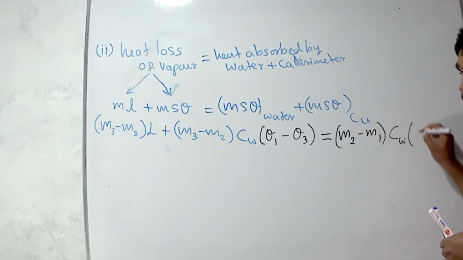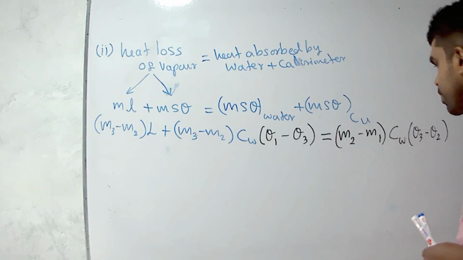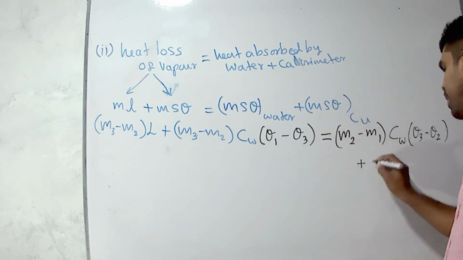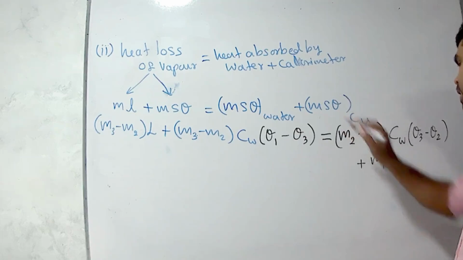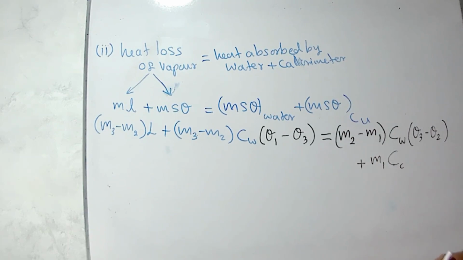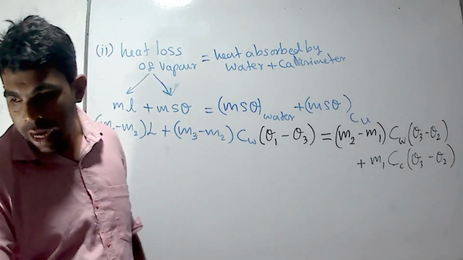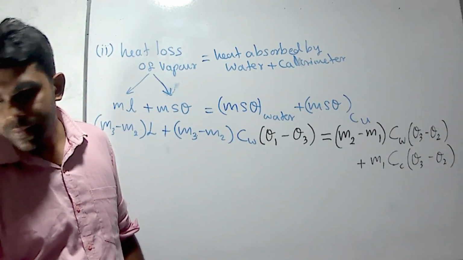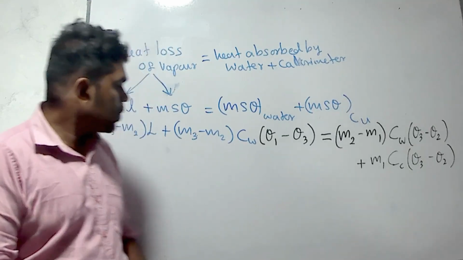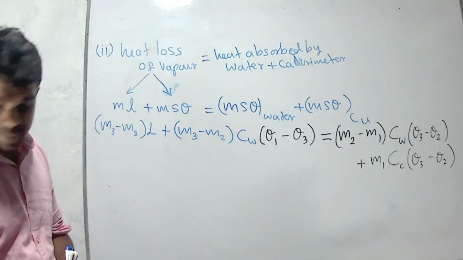Then we substitute theta 3 minus theta 2 as the temperature difference of water. Then the mass of the empty calorimeter M1, the specific heat capacity of copper Cc, and the temperature increase theta 3 minus theta 2. We have to write only the expression, so we can give the answer like this without any other term.